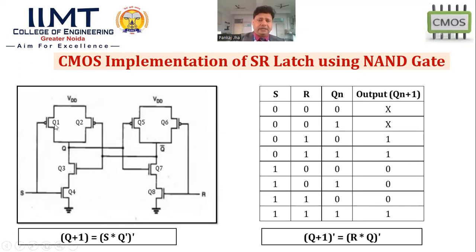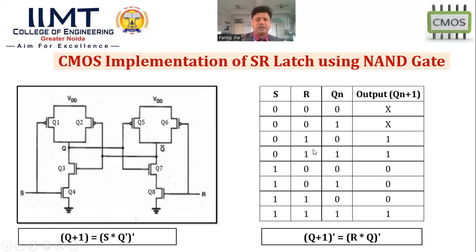Here Q1 will be in saturation mode because this is 0, and Q6 will also be on. So this VDD will come to Q bar also, and this VDD will come to Q also. That means simultaneously we are getting 1 here and Q bar 1 also. So this is the invalid condition. That's why I have mentioned a cross here.